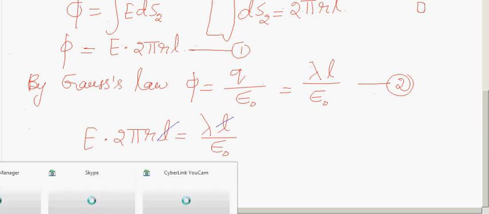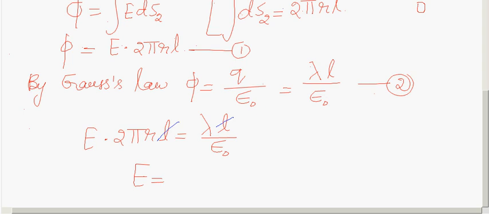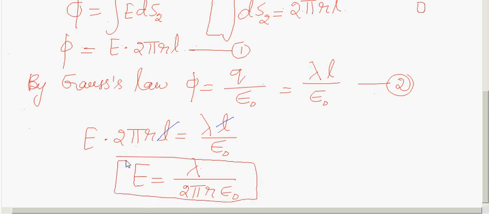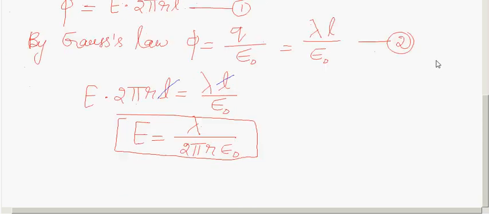So E is equal to lambda by 2 pi R into epsilon naught. And it is directed normal to the surface of the charged wire.